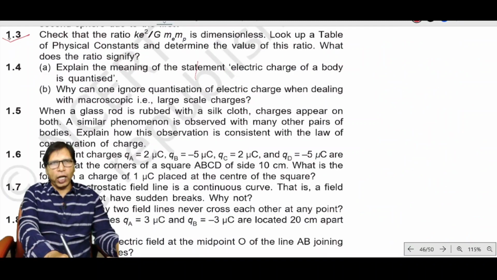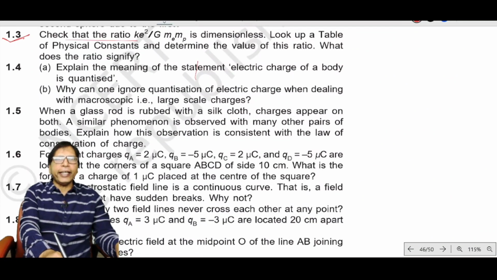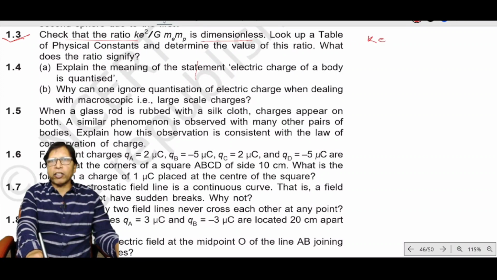Okay. Now look at this, 1.3. Check the ratio of K E square divided by G ME MP is dimensionless. Now this is K E square divided by G ME MP. Okay.